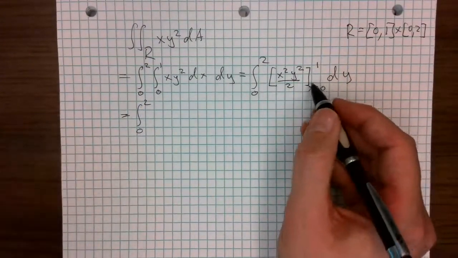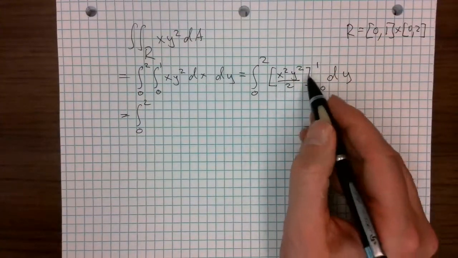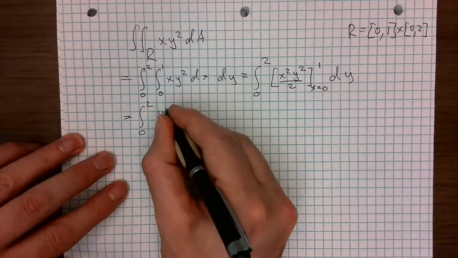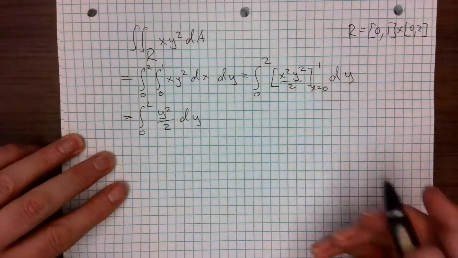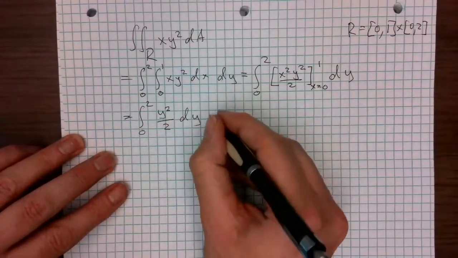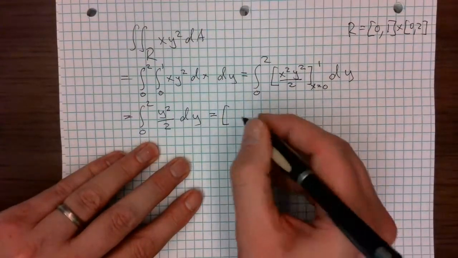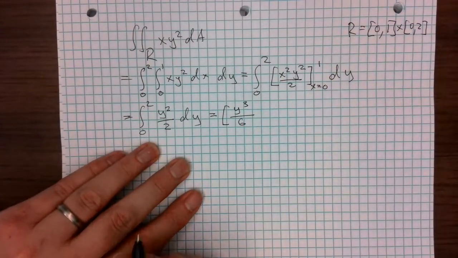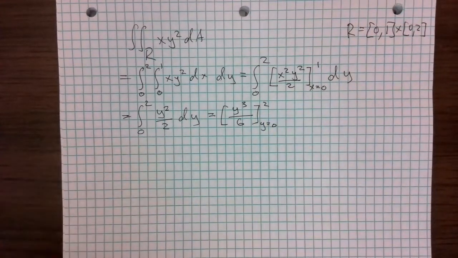But what is inside? Well, inside, where x is, we plug in 1, and then we subtract the thing where we plug in 0. So this is y squared over 2 dy. That's what this is. Now I integrate that, and I get y cubed over 6, y is 0 to 2.